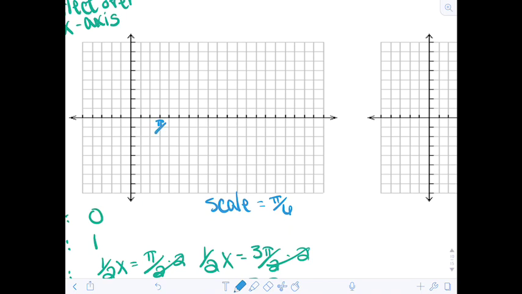I'm going to label every 90 degrees, and back this way there's negative 90 degrees, or negative pi over 2. So after 3 more, this is going to be pi, 3 more, 3 pi over 2, 3 more, 2 pi, 3 more will be 5 pi over 2, 3 more will be 3 pi.